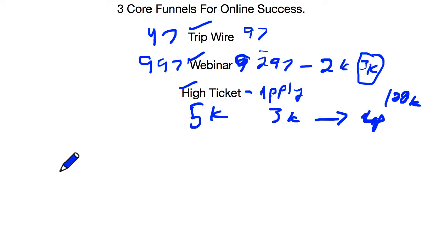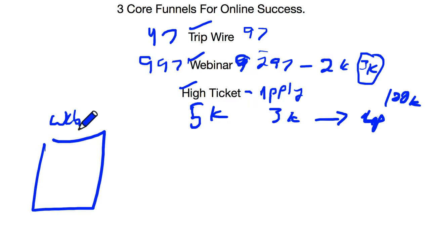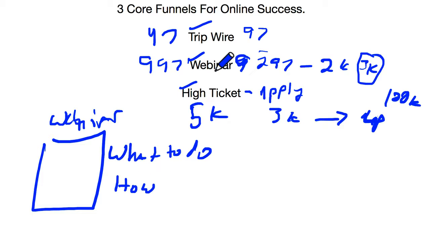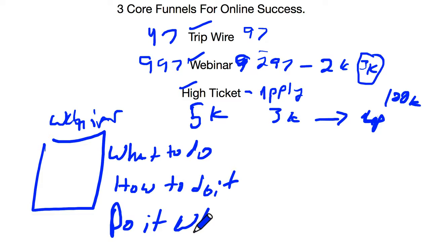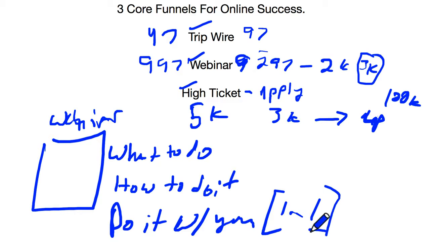High ticket is something where you've taught something, and let's say this is the webinar you've taught. What the webinar really does is teach what to do. Your product or the offer right here shows how to do it. And then high ticket, for example consulting, basically says do it with you. This is where you get more of that one-on-one type coaching.